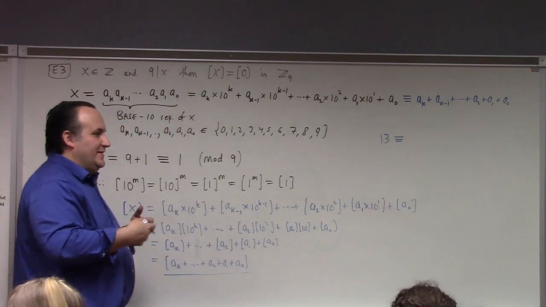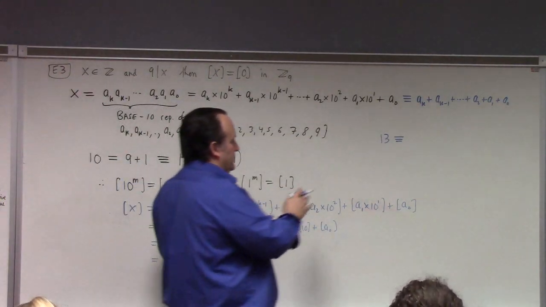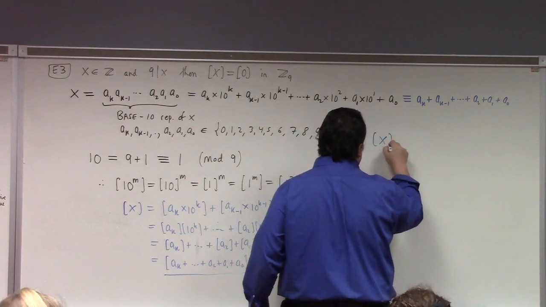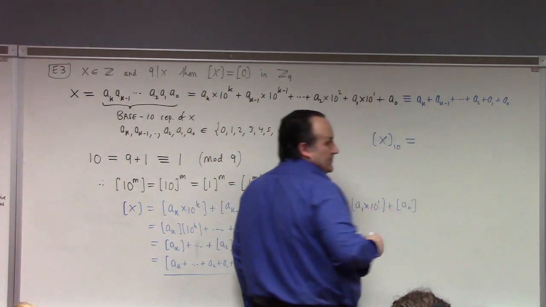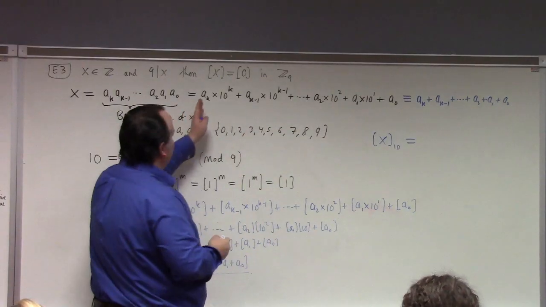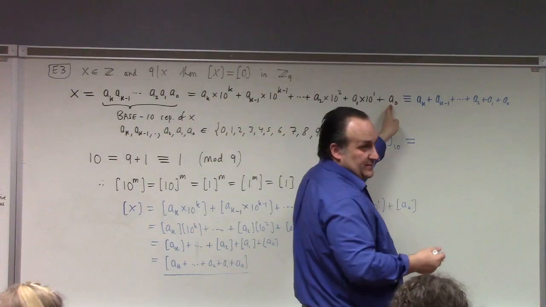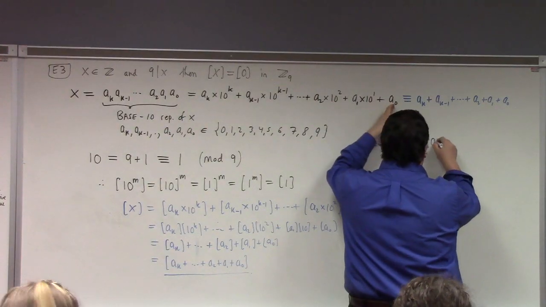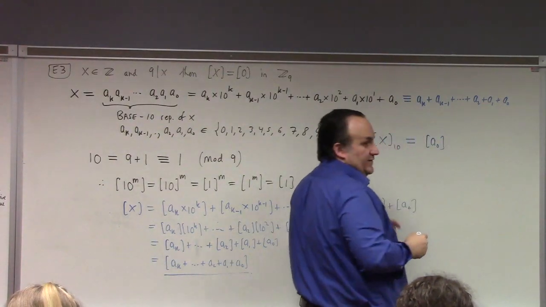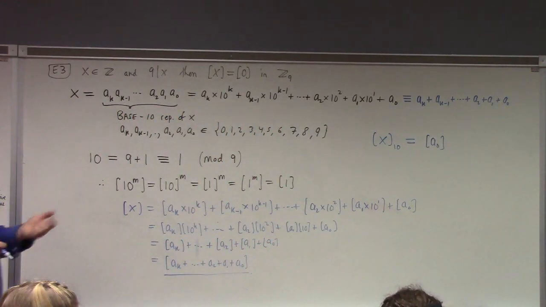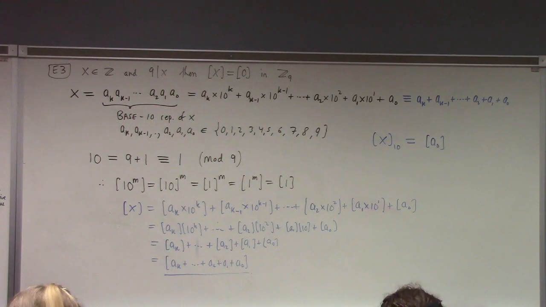So if we calculate x mod 10, everything here is 0 except that. So if you want to calculate the last digit of a number, we can simplify it modulo 10 and calculate the last digit.